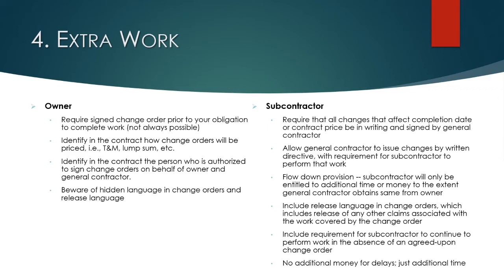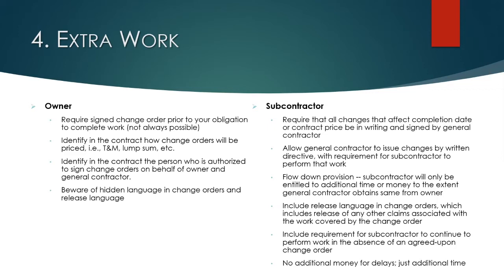These change orders are just a modification to the existing contract. Those change orders need to be priced, and how are they going to be priced? Is it going to be time and materials? Is it going to be a lump sum? That all needs to be spelled out.